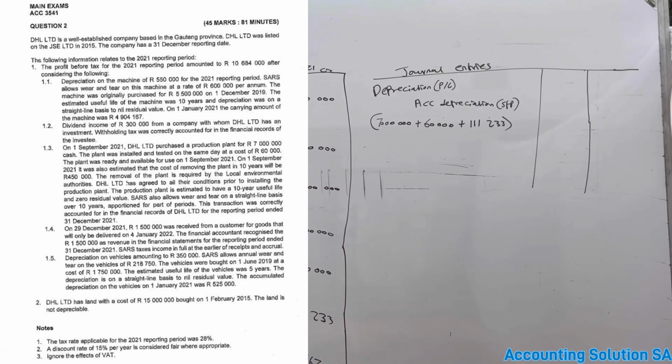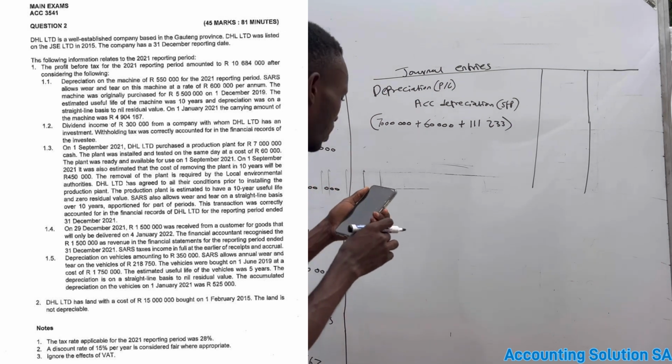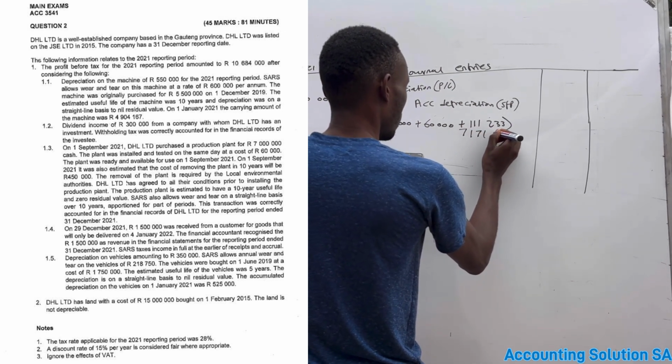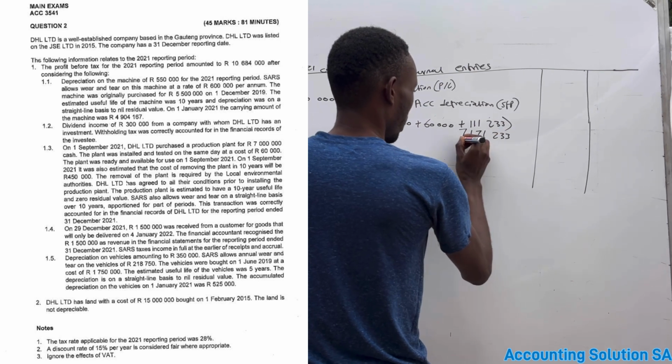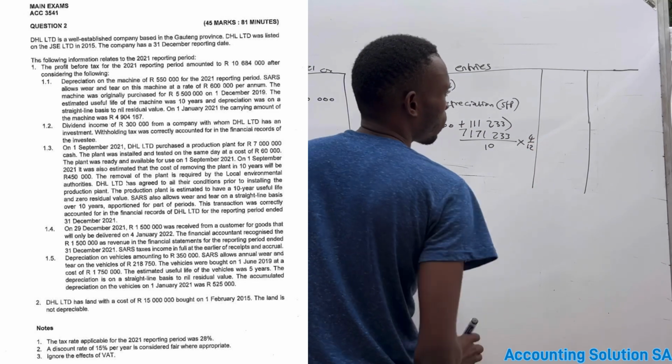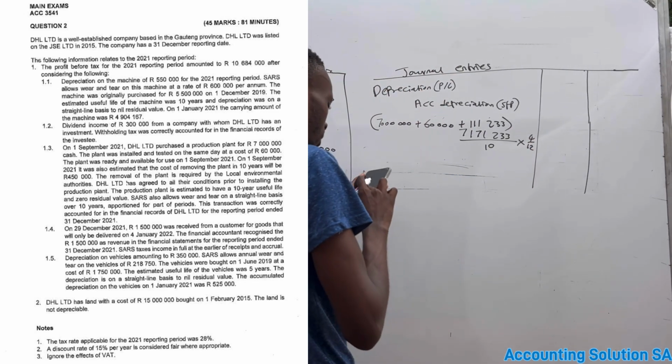Then after that, we're going to say 7 million plus 60,000, then we add 111,233. Then it's going to give us 7,171,233. And we divide by the useful life of 10 years, and we multiply by 4/12 because we use it from 1 September.